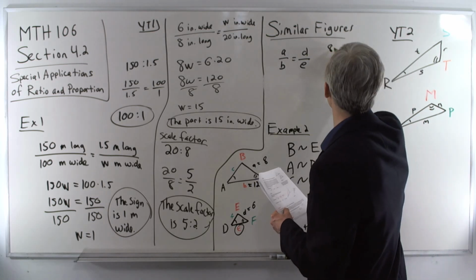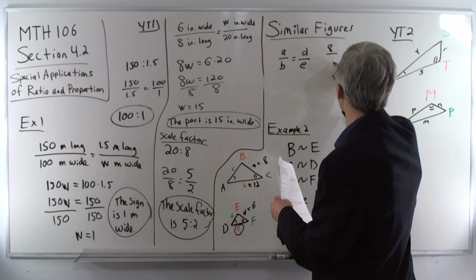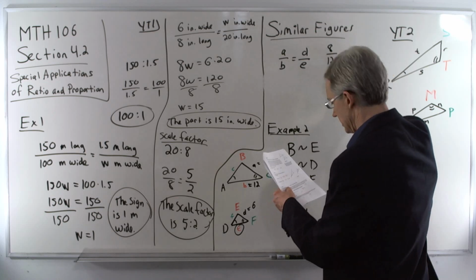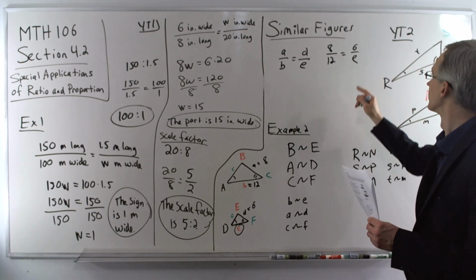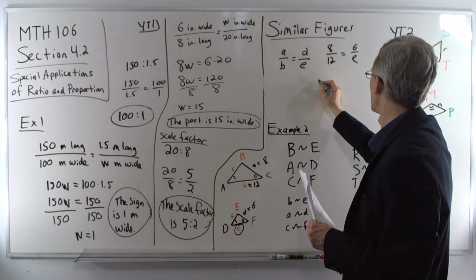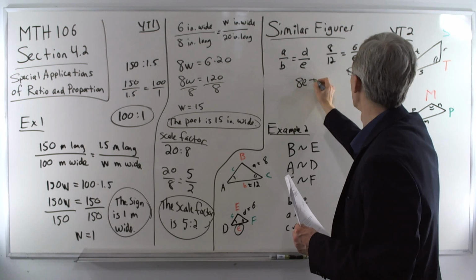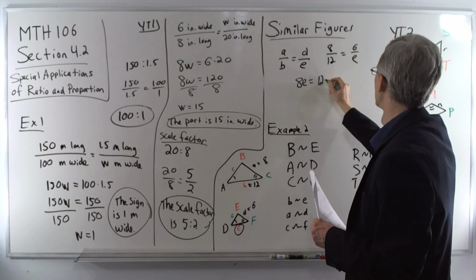All right, A is 8. So we have 8 over B, which is 12, equals D, which is 6, over E. Now we have a proportion, we can solve for E. So E times 8, so that's 8E equals 12 times 6.